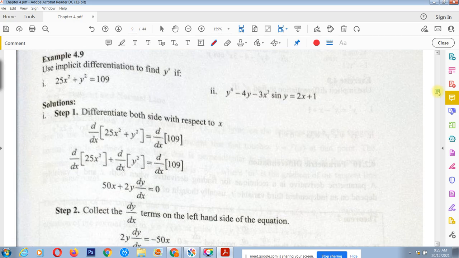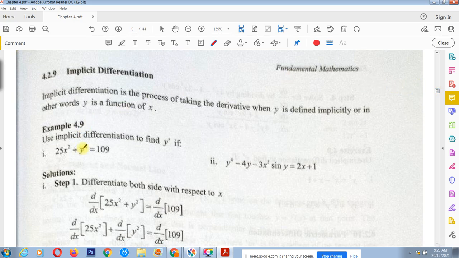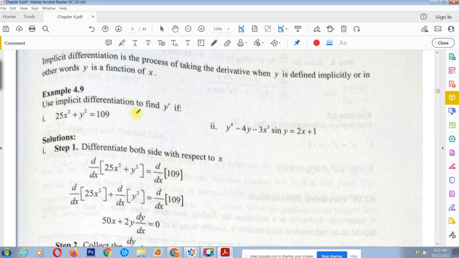So what should we do? In y we have x. The rules for differentiation are similar, but we just define y because in y we have x.